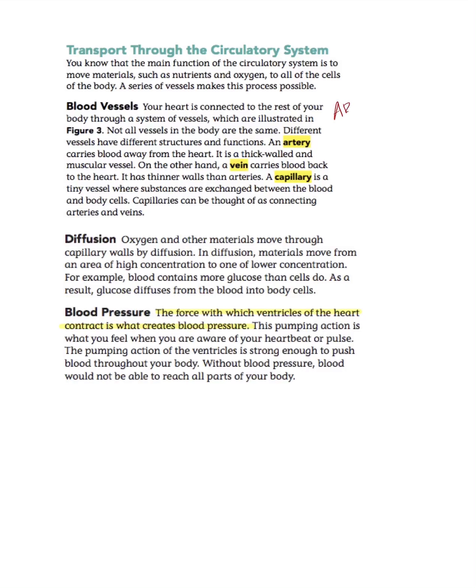Artery starts with A, and A rhymes with away. That's how I remember what an artery is. It moves away from the heart. These are thick, muscular vessels that bring blood away from the heart. This is what you feel a pulse in, so this is where you take your pulses.